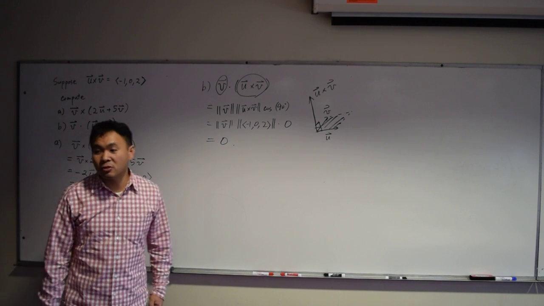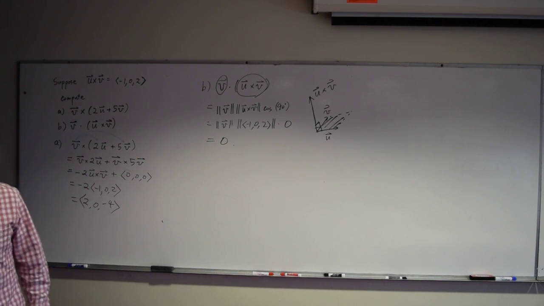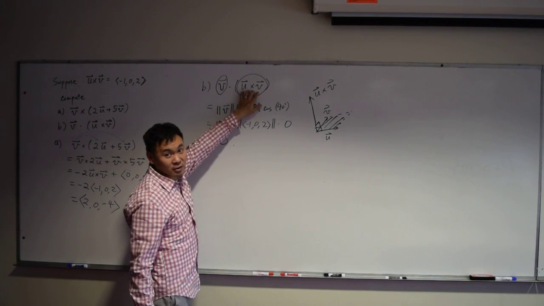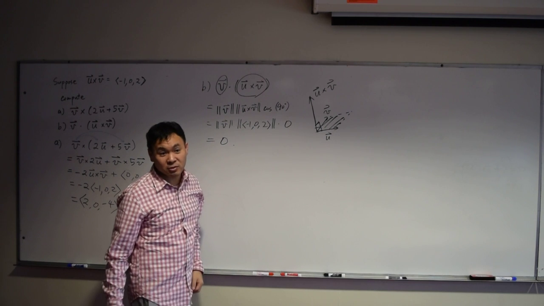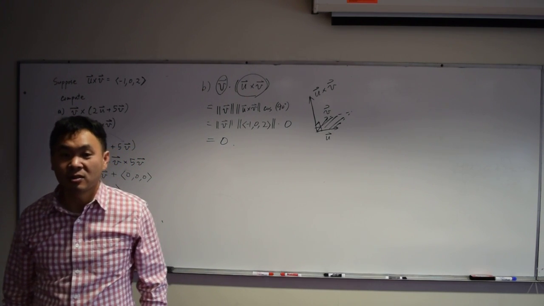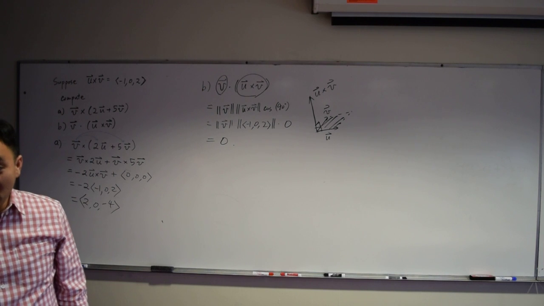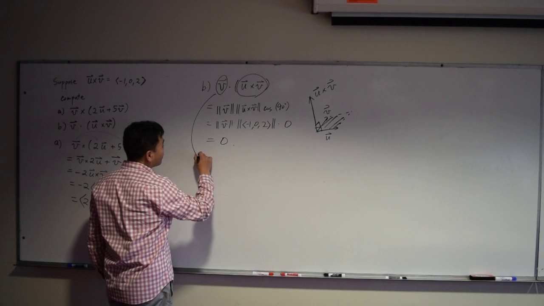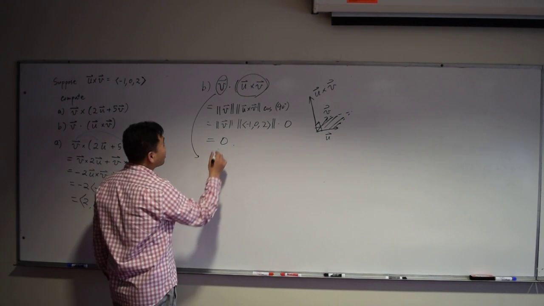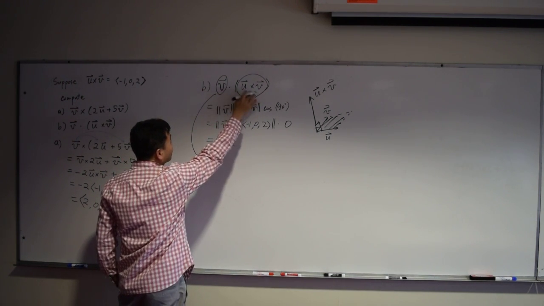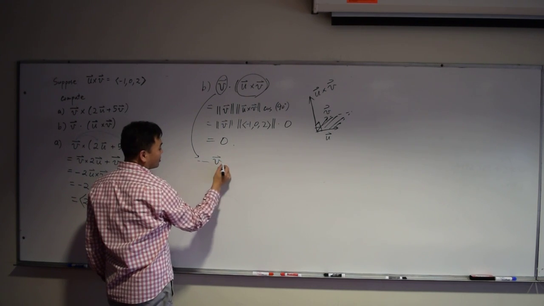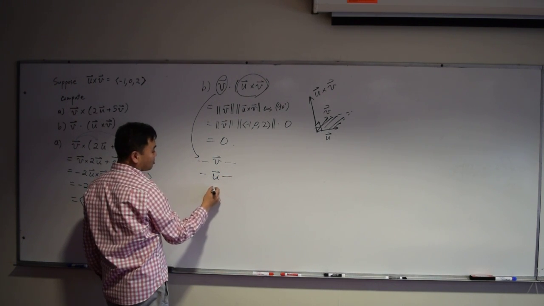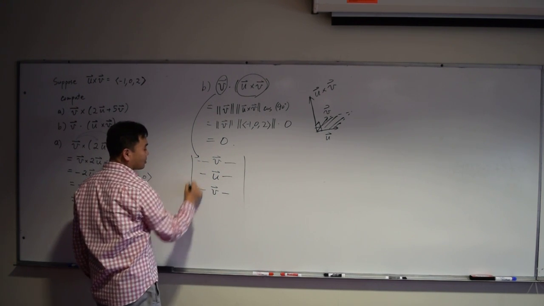Now here's another way to think about this question. There's a name for such a product, right? If you have a cross product with a dot, it's called a triple scalar product, right? And you can actually calculate this using matrices. All you have to do is put them in order. If it's in this order, you put v as a row vector, u as a row vector, and v as a row vector, and calculate the determinant.